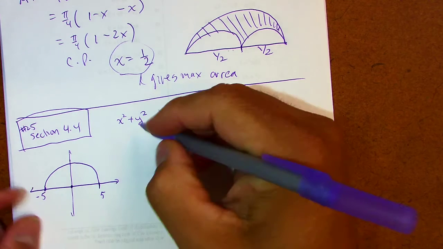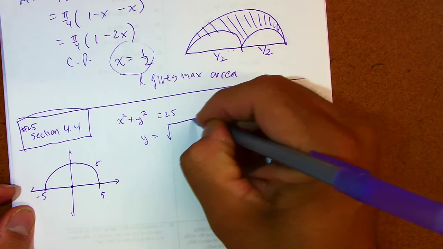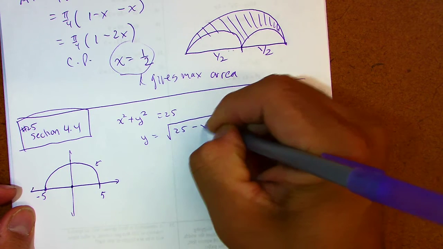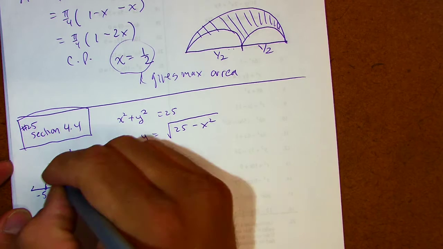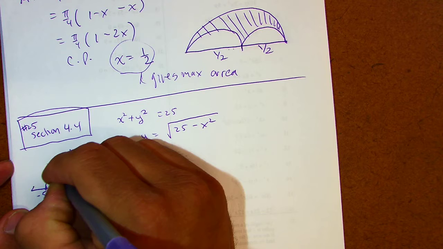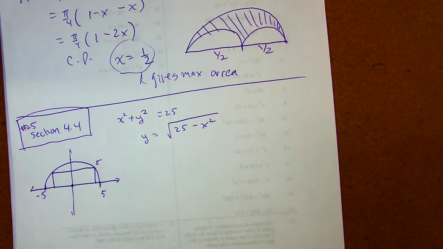All right, and then solving for y, I just need the top half. So knowing that I only need the top half, I'll use the positive value for the square root. Okay, so we have this so far, and the way I'm going to construct my rectangle is like that.